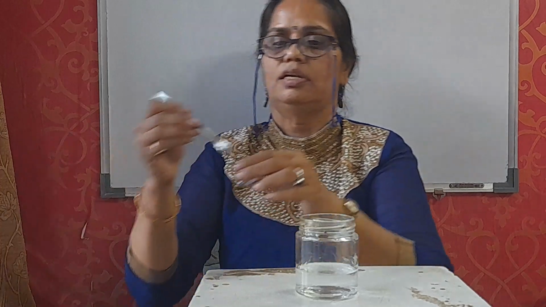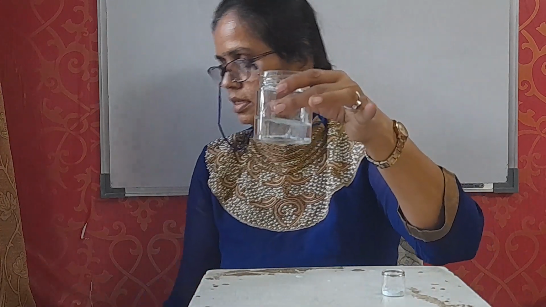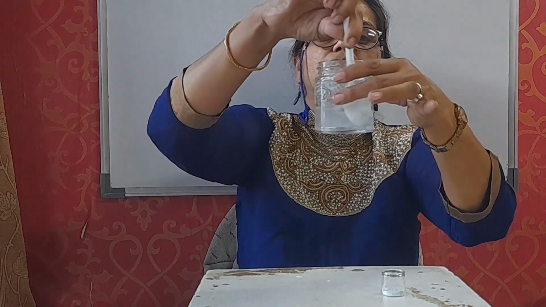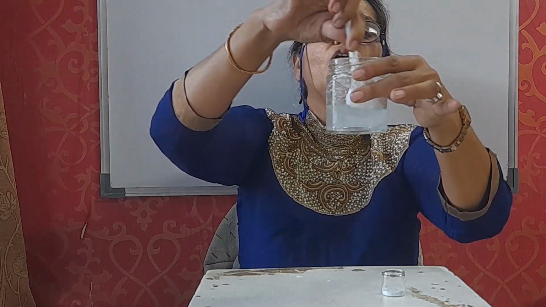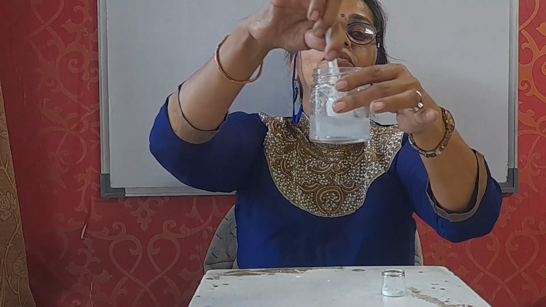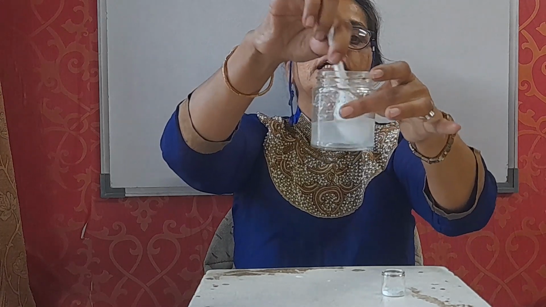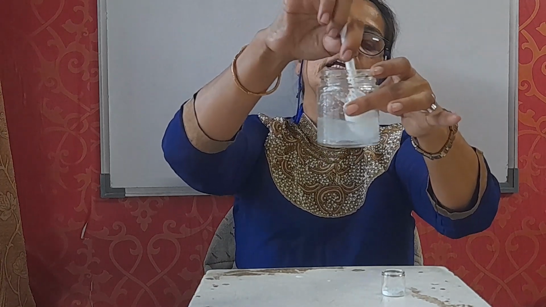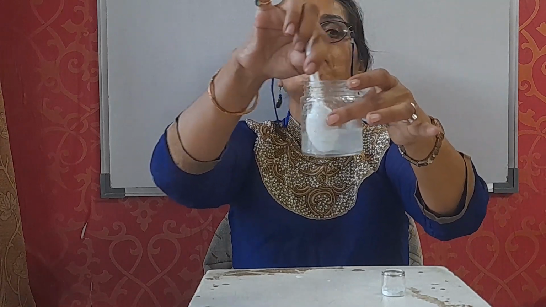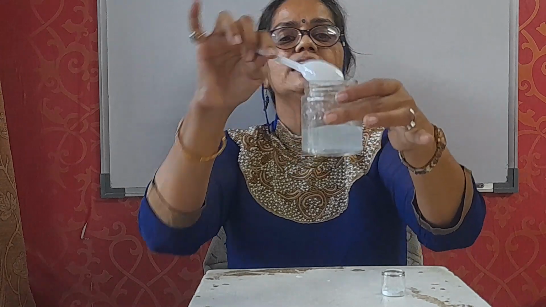So if I pour chalk powder in water, see, it will not completely disappear in water, and it is still there. That means chalk powder is not soluble in water. Chalk powder is insoluble in water.